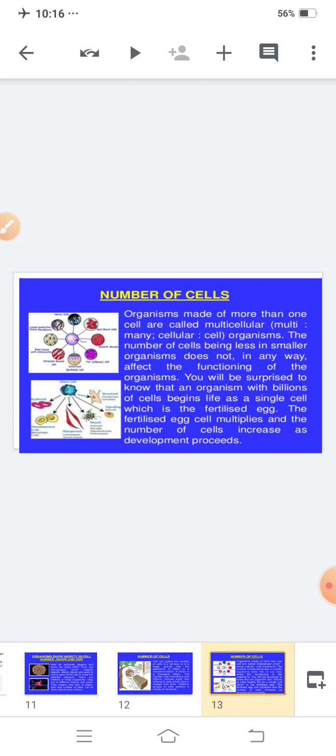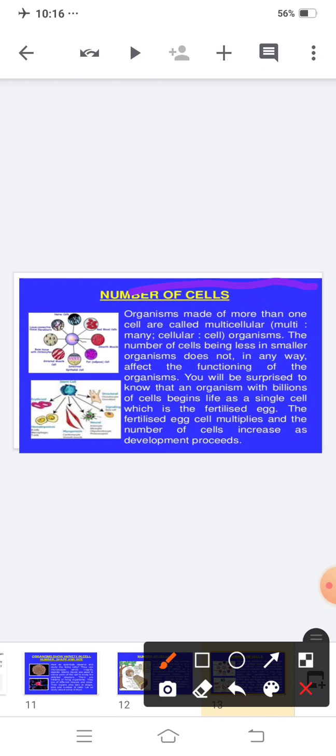Organisms made up of more than one cell are called multicellular. Multi means many, cellular means cells. The number of cells being less in a smaller organism does not in any way affect the functioning of the organism. You will be surprised to know that an organism with billions of cells begins life as a single cell, which is the fertilized egg.